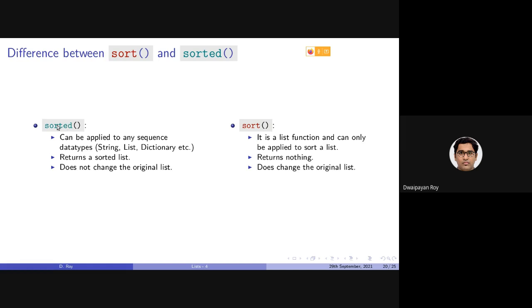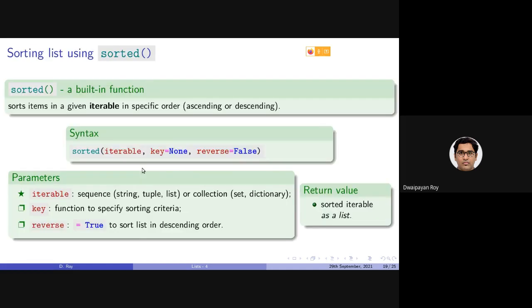Another difference is that sort basically returns nothing. It changes the original list, but sorted does not change the original list. So for sorted, as I said, I need to provide a parameter here, for example, a list.